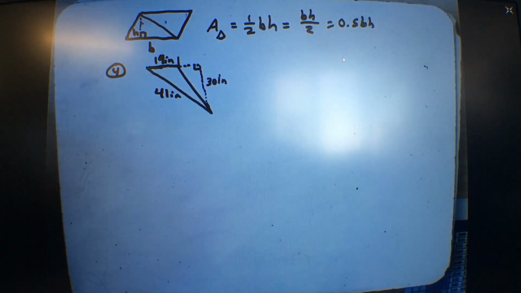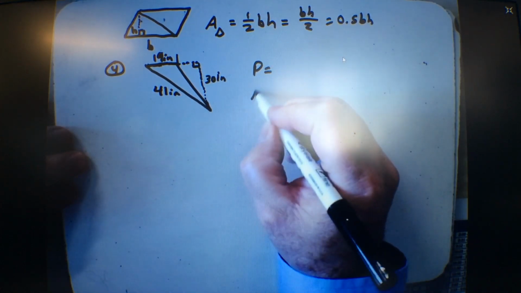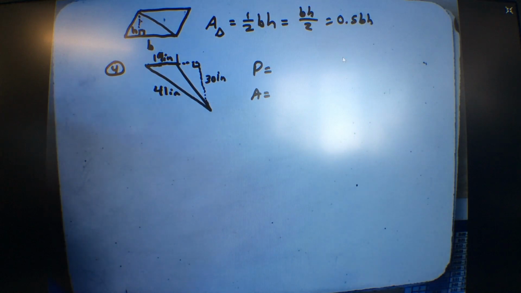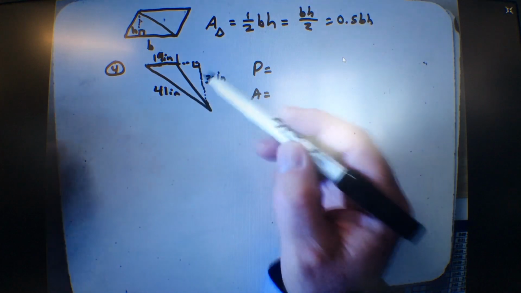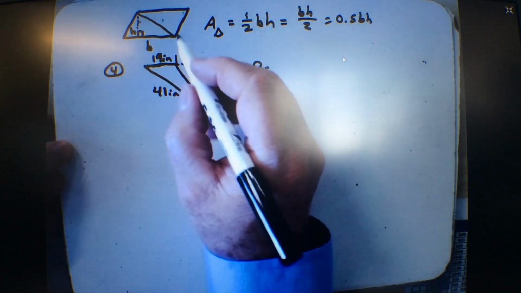Now, I'm going to ask you two questions. I'm going to ask you what the perimeter is, and I'm going to ask you what the area is. Perimeter is around it, right? So we have 19 plus 41, but we need this length. How do I find it? Oh, I forgot to give you something else.